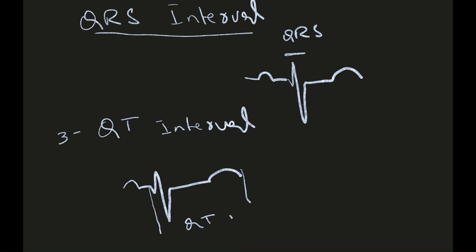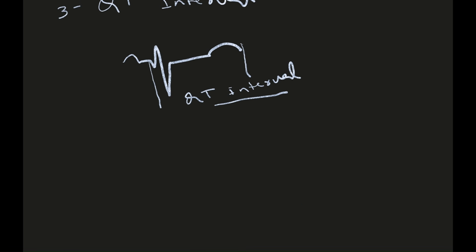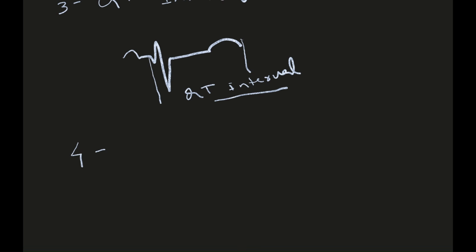This is the QT interval. It is clinically very important because there are certain types of drugs that prolong it, and it has some clinical implications as well. The fourth one, very close to it, is the ST interval.